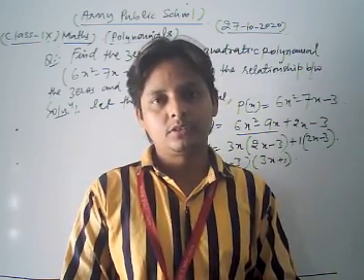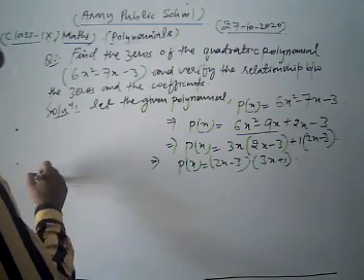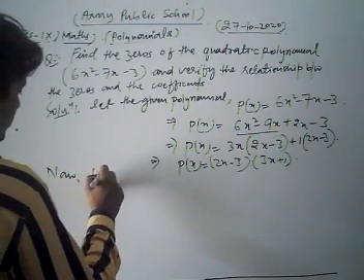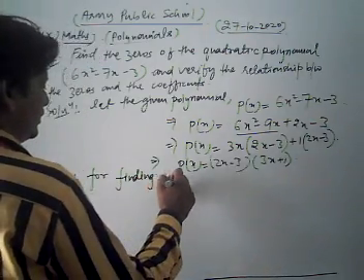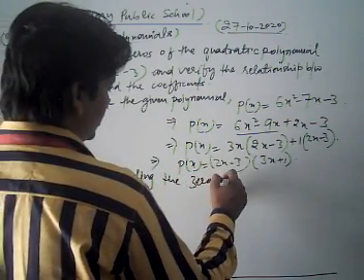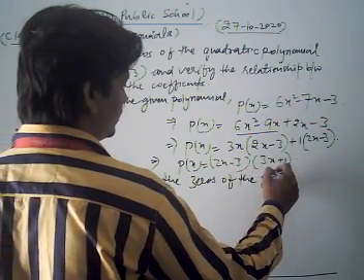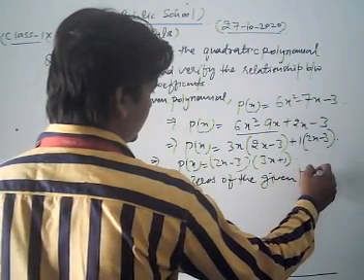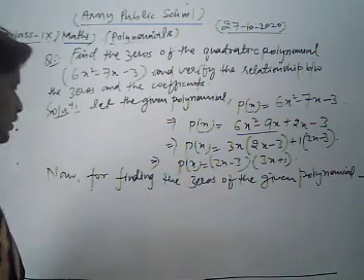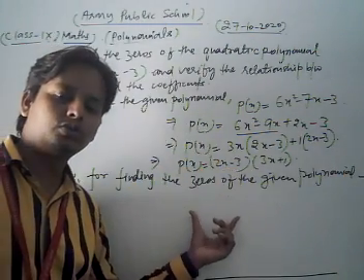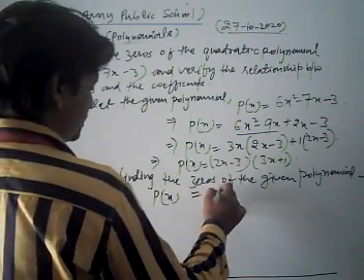Now, dear student, first of all we find the zeros of the given polynomial. For finding the zeros of the given polynomial, p(x) must be equal to 0.